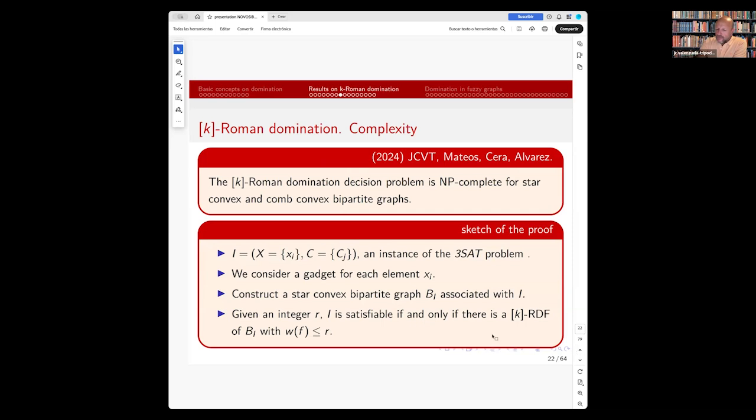And then we construct a bipartite graph such that we are able to prove that the instance of the 3-SAT problem is satisfiable if and only if we are able to find a k-Roman domination function in the associated bipartite graph with a given maximum weight.